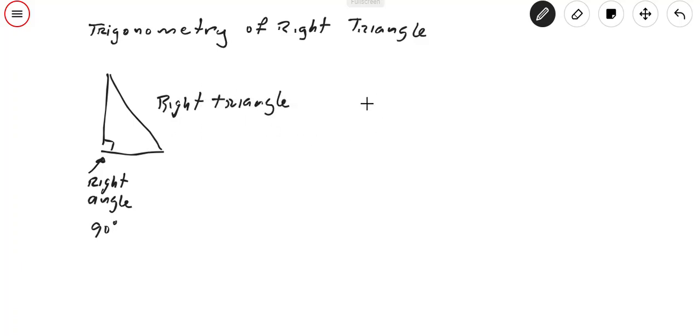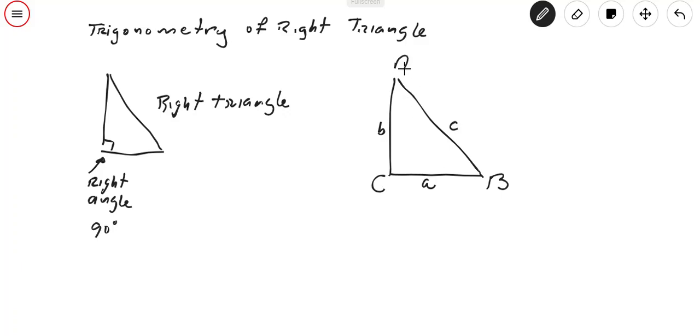Now, we know the relation between the sides of a right triangle. So if we have a triangle with sides A, B, and C, and vertices capital C, capital B, and capital A, and of course those angles are also named: angle A is this angle over here, angle B is this angle over here, and angle C is the right angle.